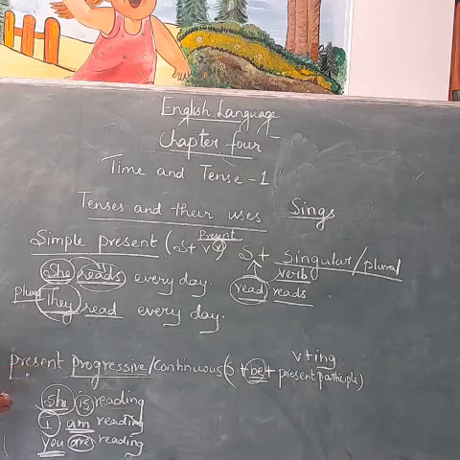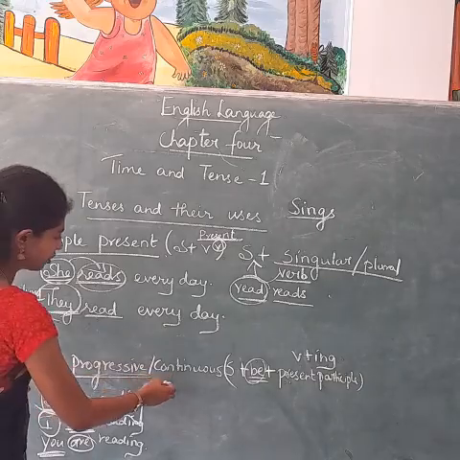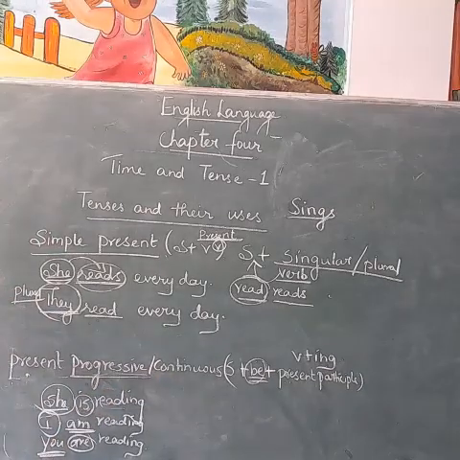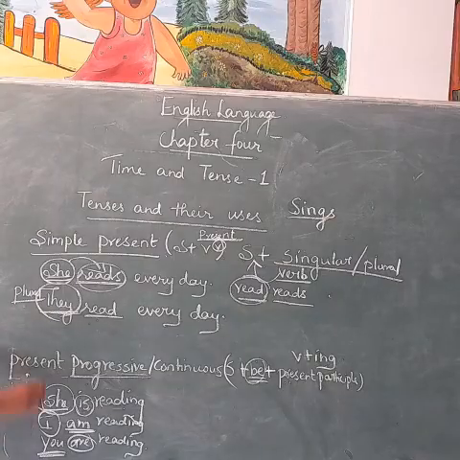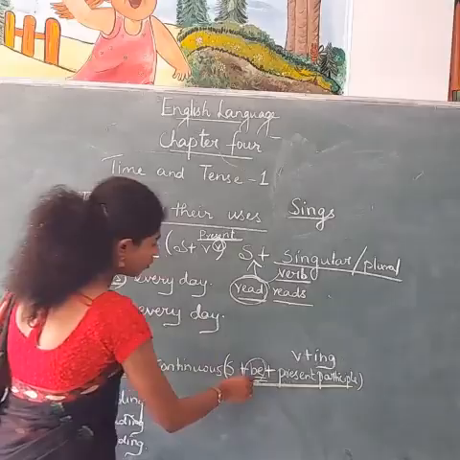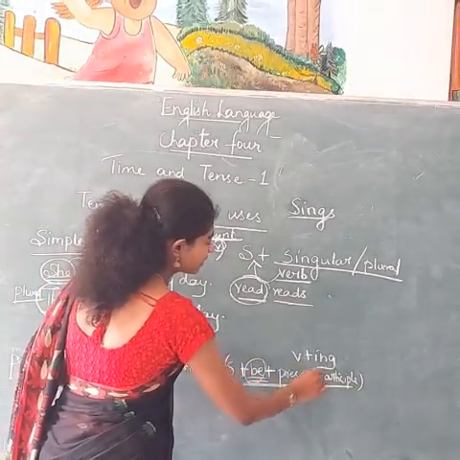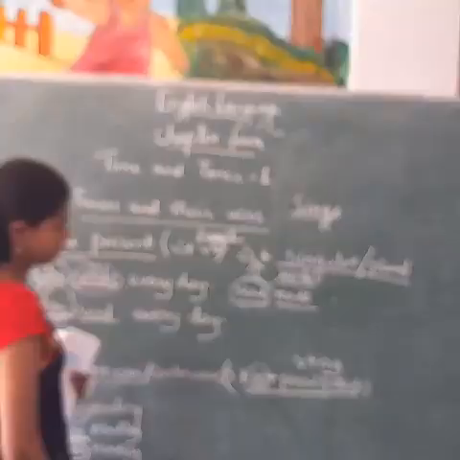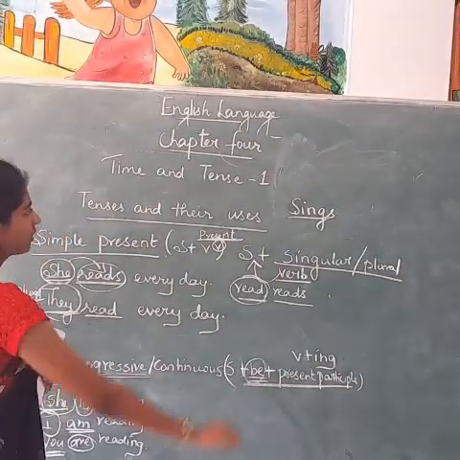And the next one is present progressive or present continuous tense. When you frame sentence in present progressive tense, you should always remember that you have to use be verb plus present participle of the verb. Okay?